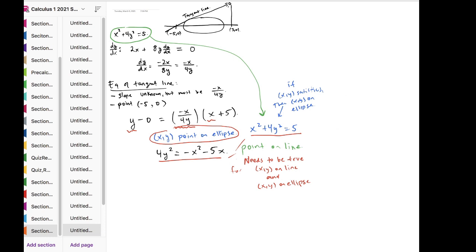I'm solving for this point here, the point that's both on the tangent line and on the ellipse. Substitution would be easy. So just to reiterate, I'm solving this system.